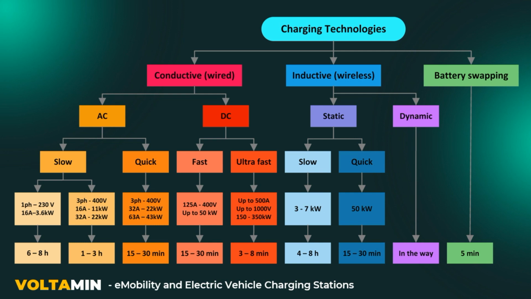Alternating current or AC infrastructures rely on vehicles' onboard chargers and are limited in power level due to vehicle limited size and cost. However, direct current or DC infrastructures use off-board power electronics installed at the charging station. This allows for larger, bulkier, and more expensive components, meaning a charging power of up to 350 kilowatts in today's best-performing devices.